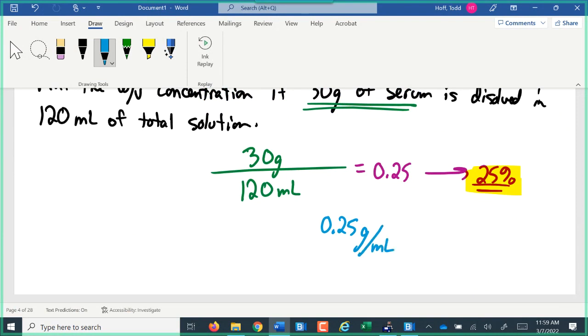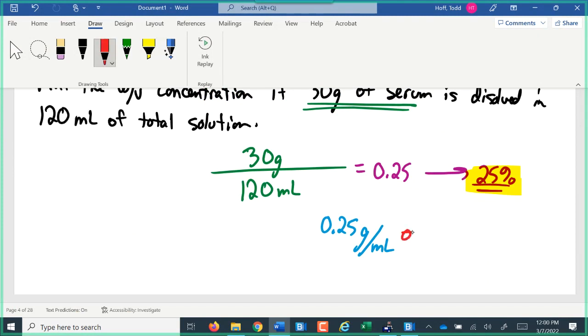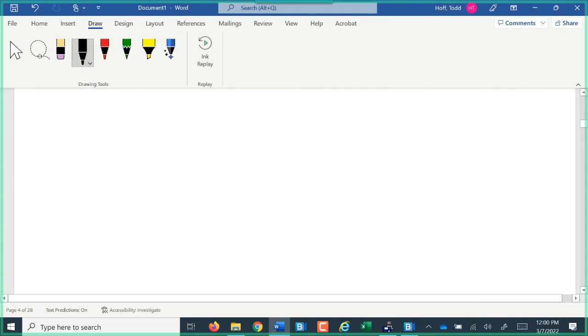Or, if you don't like small decimals like that, it might be converted to 250 milligrams per milliliter. That's a pretty high concentration, by the way. Okay, so let's go back through some calculation examples here.